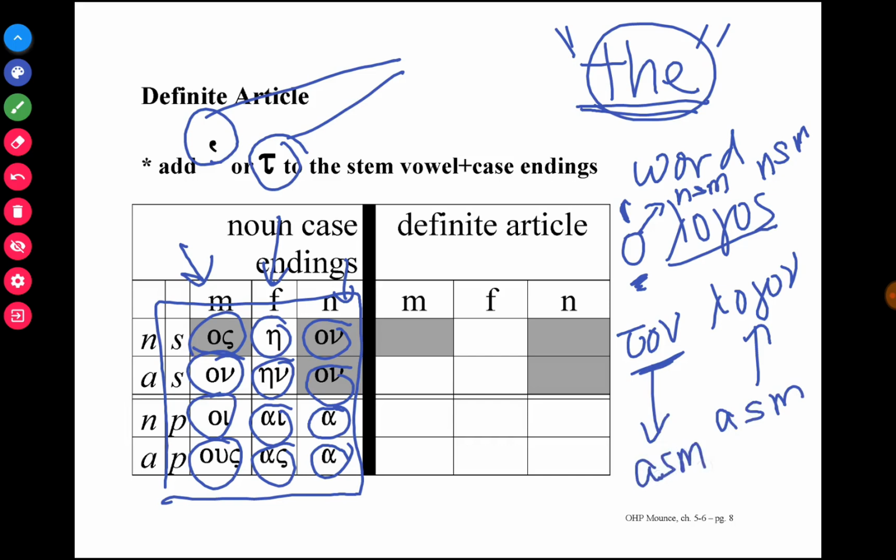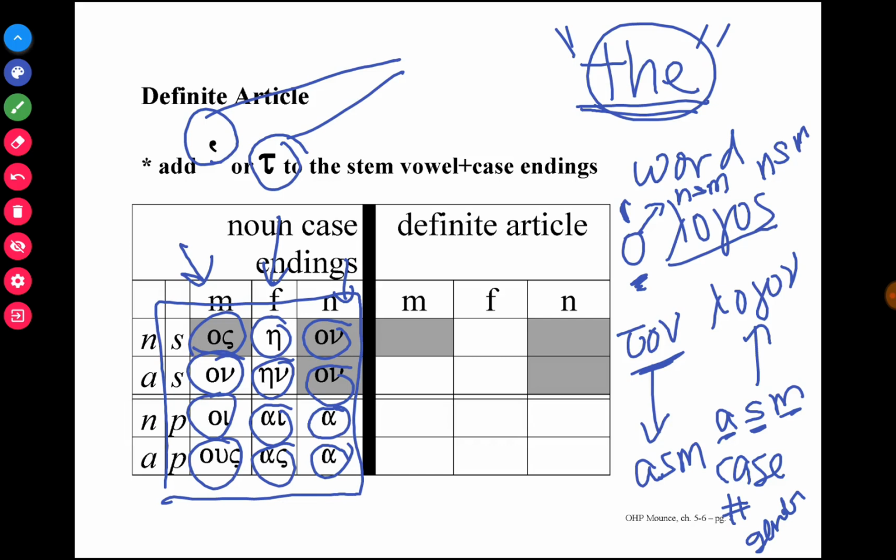The article has to match in case, that's accusative or nominative, in number, whether it's singular or plural, and in gender, whether it's masculine, feminine, or neuter. So what are the definite articles? Nominative singular, accusative singular, nominative plural, and accusative plural for the masculine, feminine, and neuter.